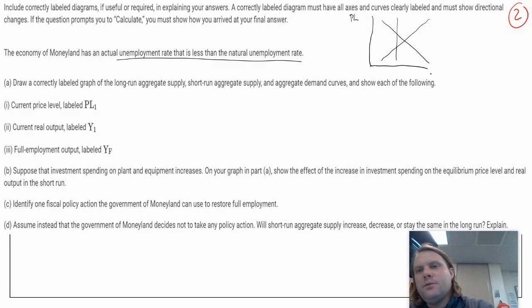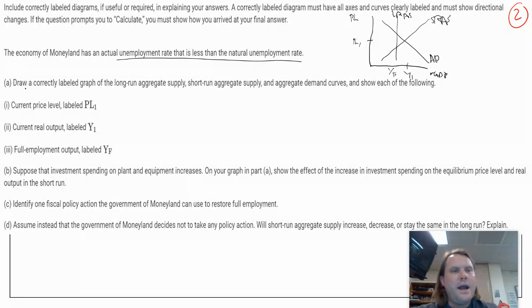We've got price level, real GDP, our current price level listed at PL1, our output listed at Y1, and our natural full output at YF. Don't get in the bad habit of not labeling these things. I apologize again for my sloppiness. Okay, but that's where we are.